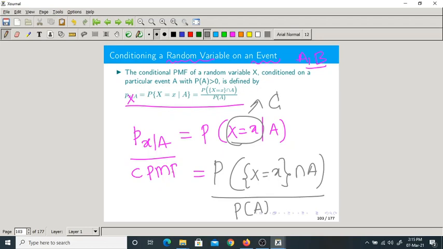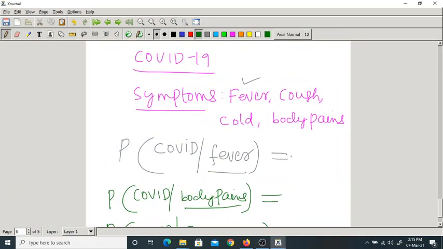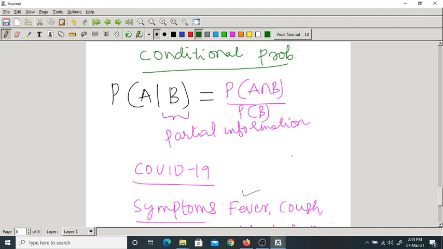Is it clear? So remember these formulas. Same thing we will write for any conditional probability. This formula is exactly the same formula that we are using, and there is no difference. Here, instead of C we have X equals small x. That's it. Everything is the same.